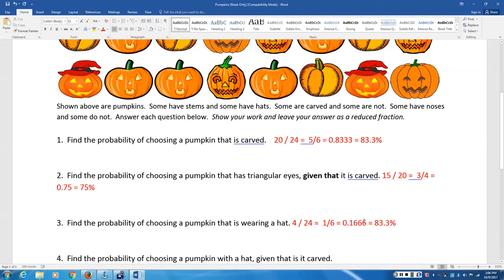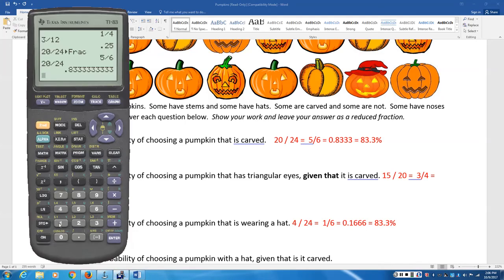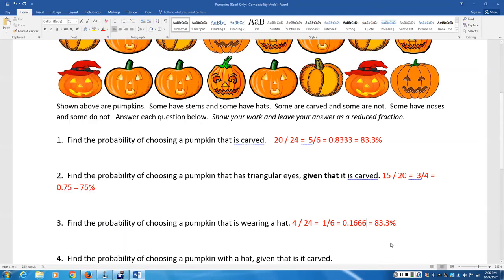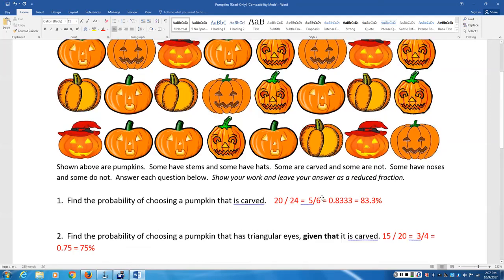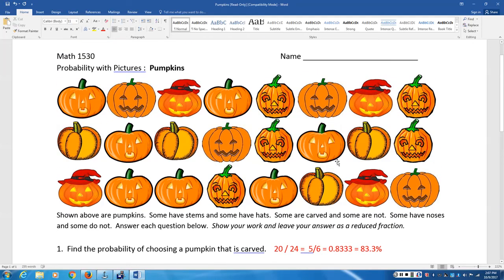And I think that's right. Yep, I can still do fractions. So that'd be 16.7%. Find the probability of choosing a pumpkin with a hat given that it's carved. Now that's 4 out of 20 because we're only looking at the carved pumpkins.